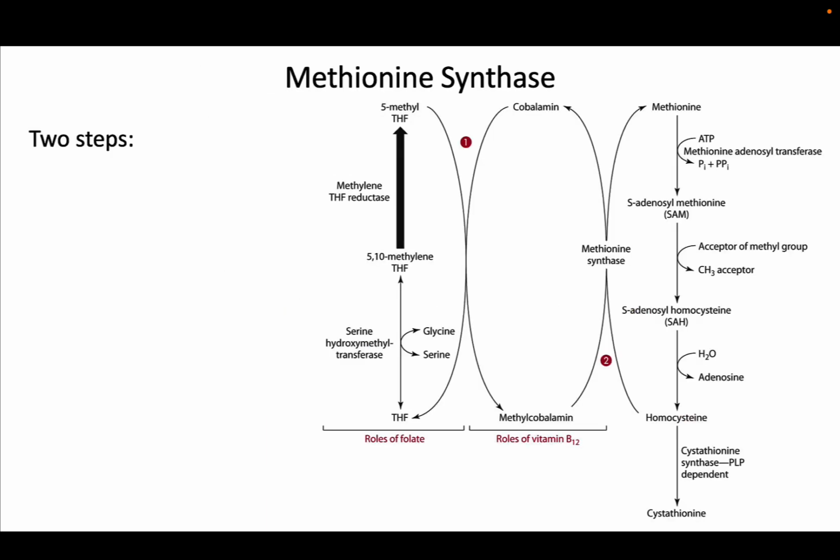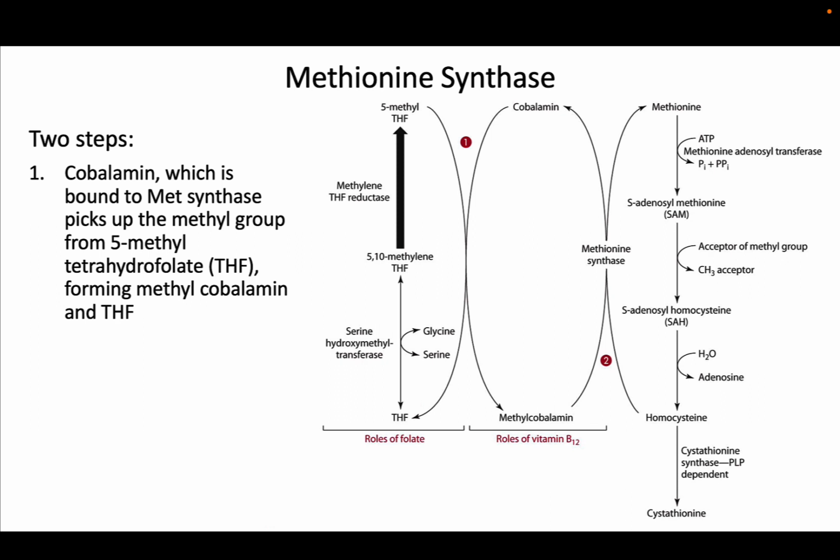And so let's take a look at some of these reactions. So if we're looking at methionine synthesis, this occurs in 2 steps that also involve B12 or cobalamin. So the cobalamin is bound to the methionine synthase enzyme as a cofactor.